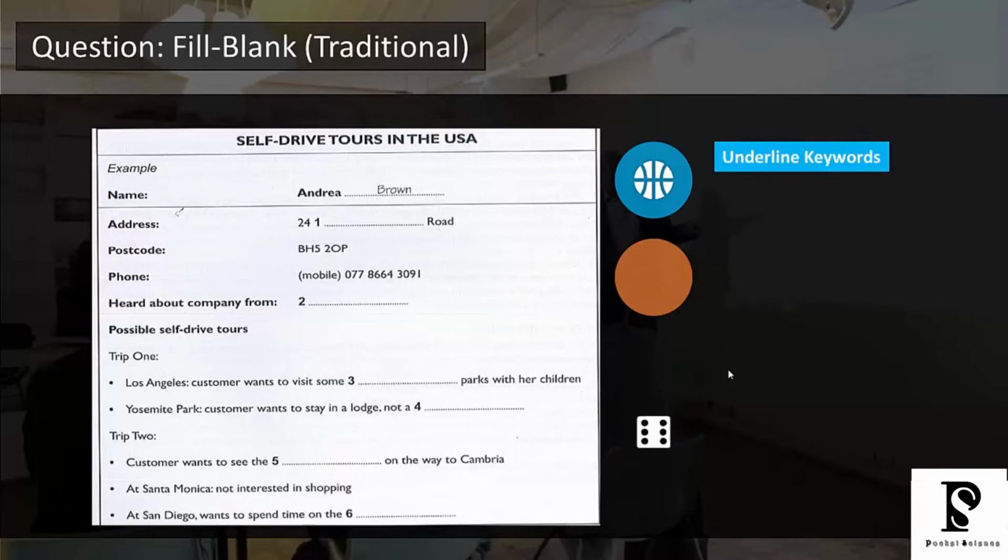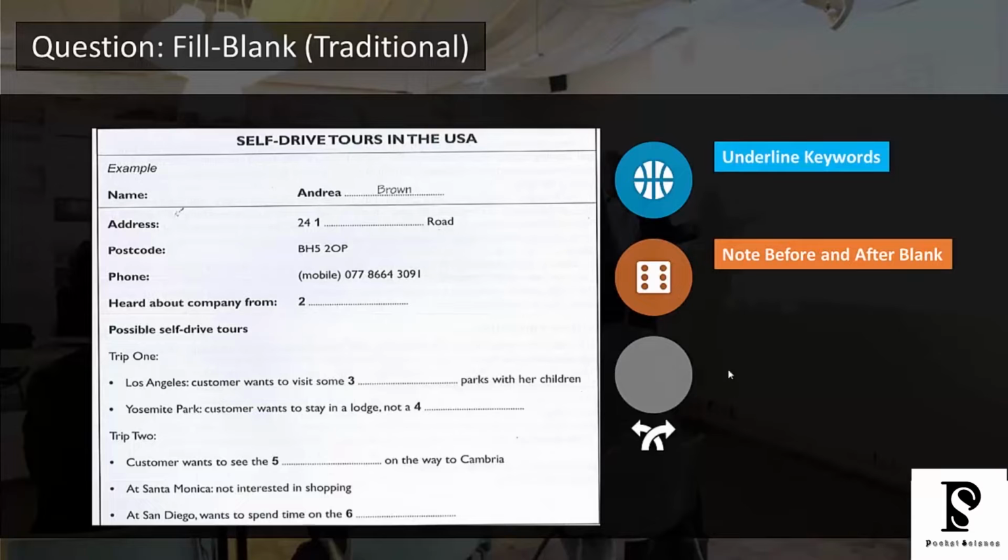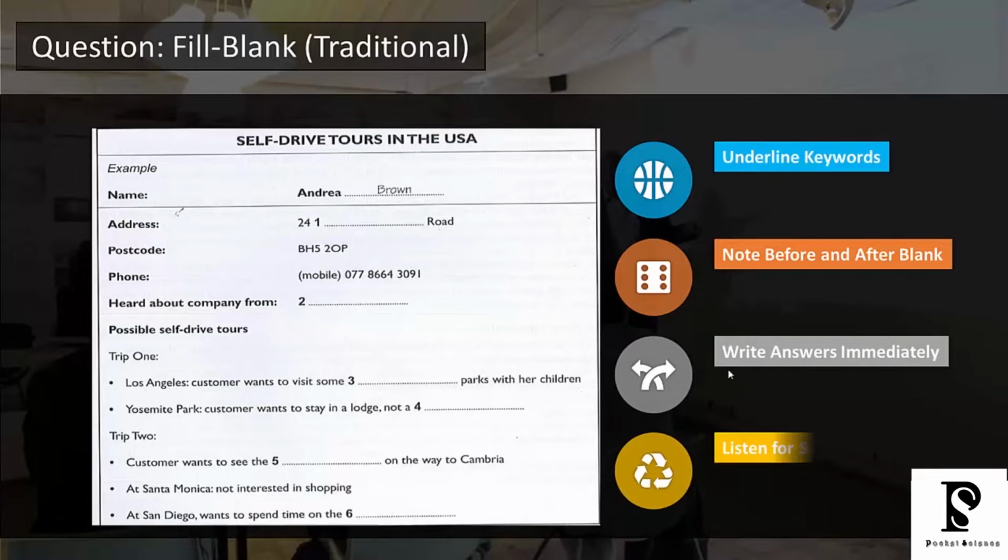So as I said, you have a fill the blank traditional question type. This is where you have just blank lines that you have to fill out. There's some language before the blank line, such as number 2 that you see here on the screen, or like number 3, where the blank line is in the middle of the sentence. But the strategy for a traditional blank line question is very straightforward.